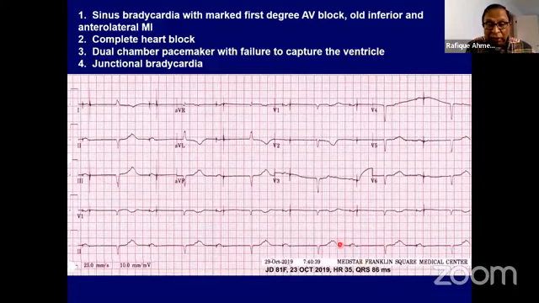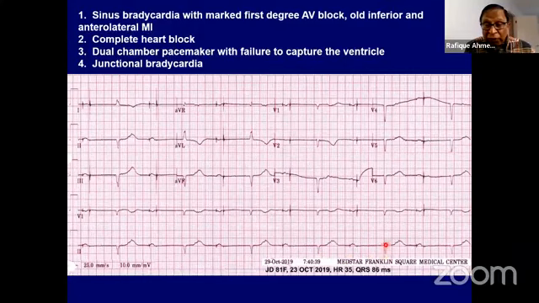Now the question is, why is it pacing like this? There are two types of timing in the pacemaker. One is atrial driven, one is ventricular driven. I'm assuming that this pacemaker is set at a rate of 60.